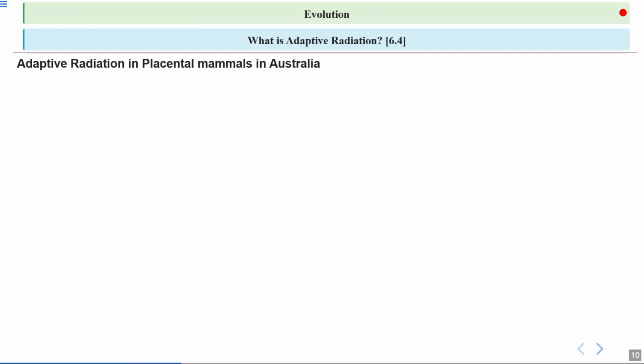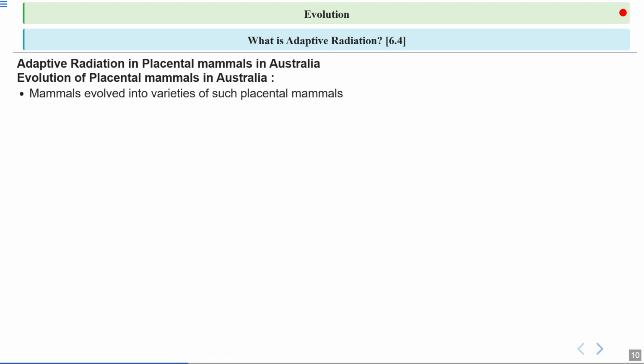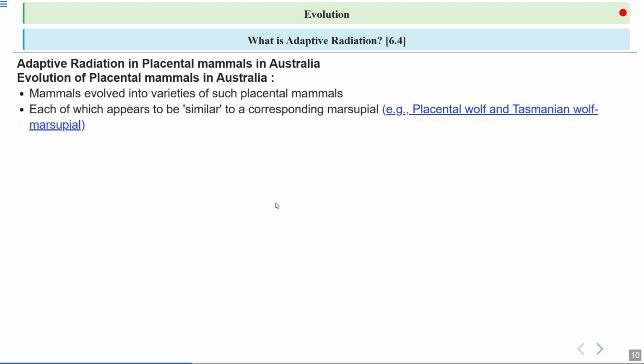Now let's talk about adaptive radiation in the placental mammals in Australia. Earlier we were talking about the marsupials, now we are talking about the placental mammals. Mammals evolved into varieties of placental mammals as well, each of which appears to be similar to the corresponding marsupial.